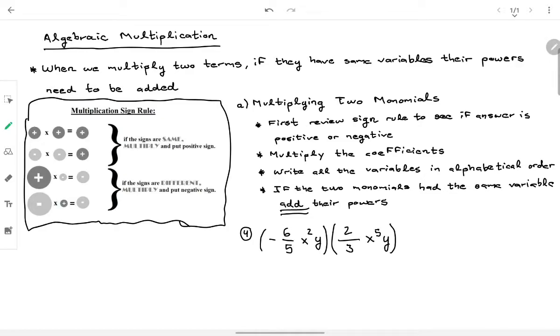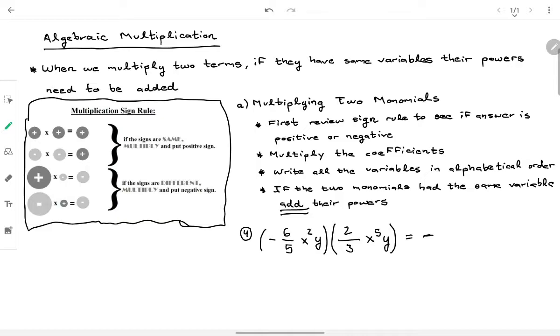In the next example, we have a negative sign. So we will need to do step 1. It says to first review the sign rule to see if the answer is positive or negative. In this case, it's a negative one multiplying a positive one. Remember, if we have negative and positive, it will be a negative answer because of the rule of sign multiplication.